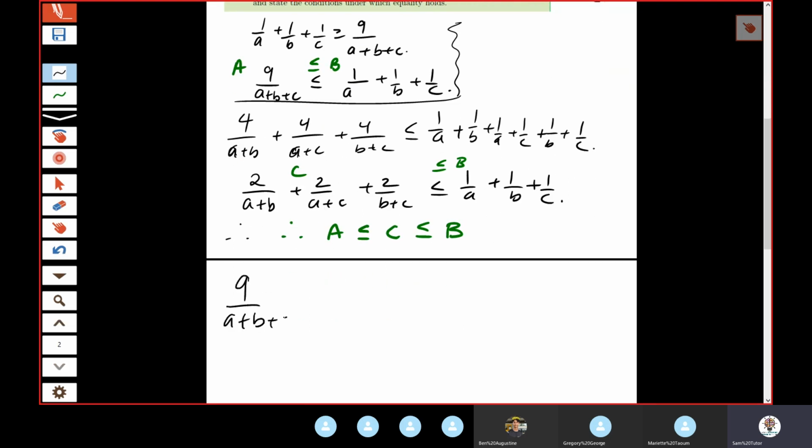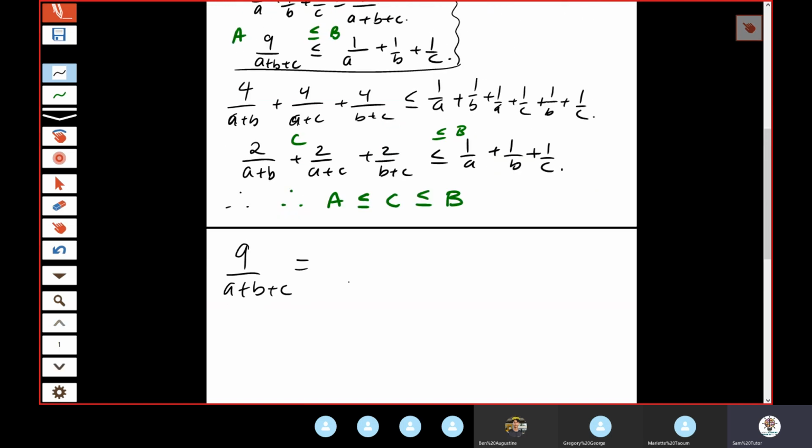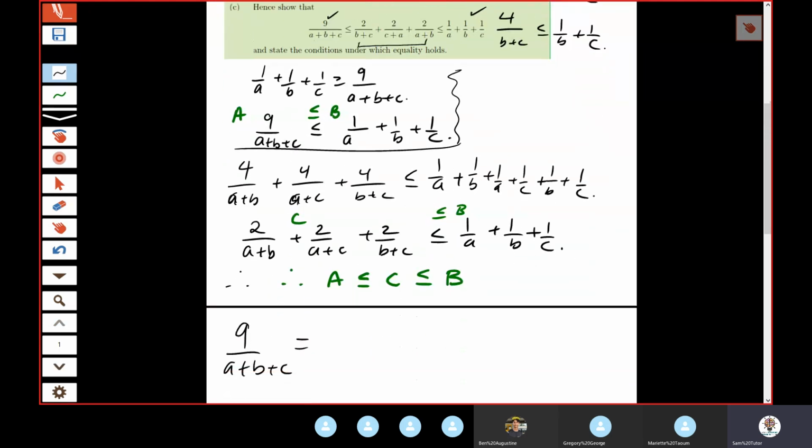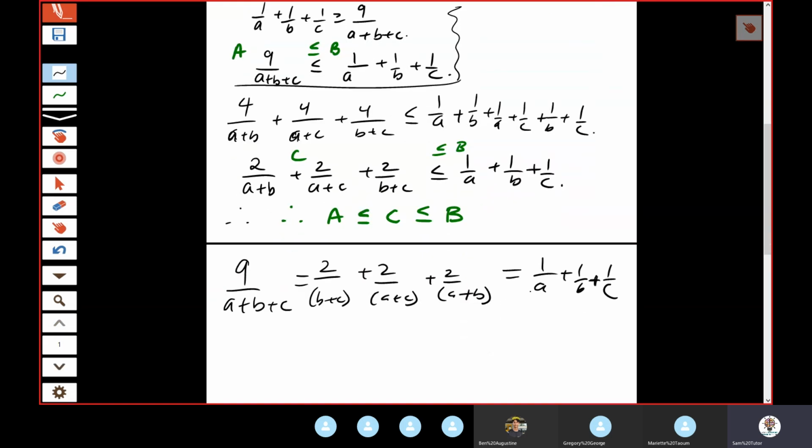Oh, that's annoying. 9 on A plus B plus C, 2 on B plus C plus 2 on A plus C plus 2 on A plus B, must equal the same as 1 on A plus 1 on B plus 1 on C. Now let me see. Isn't it easier for me to make these two equal to each other?